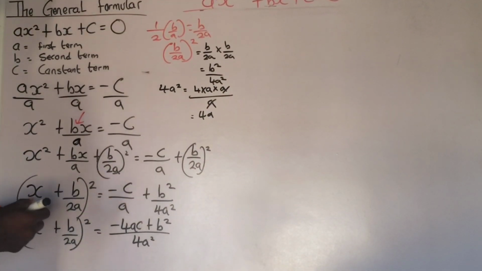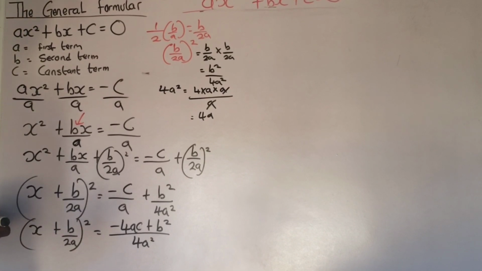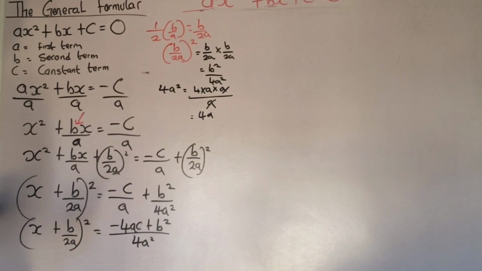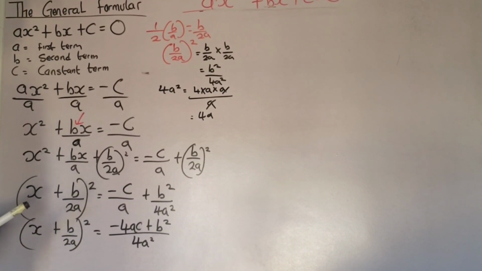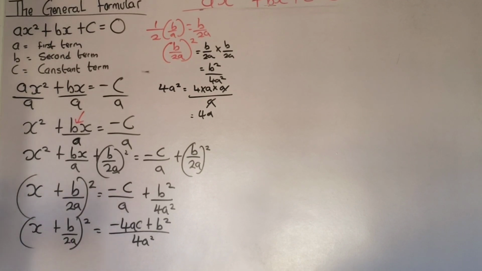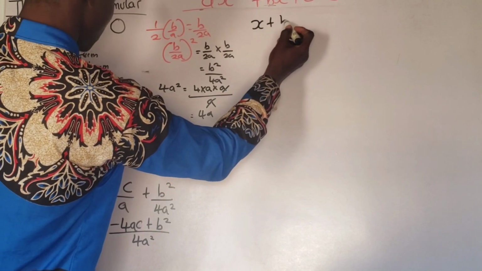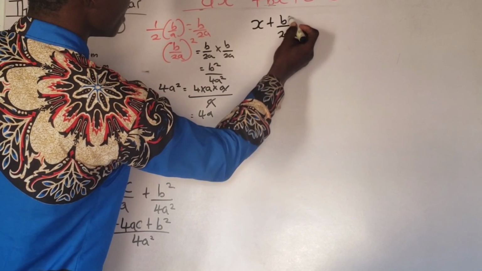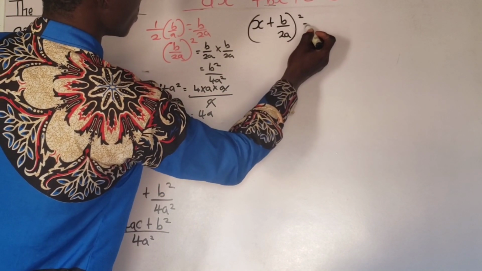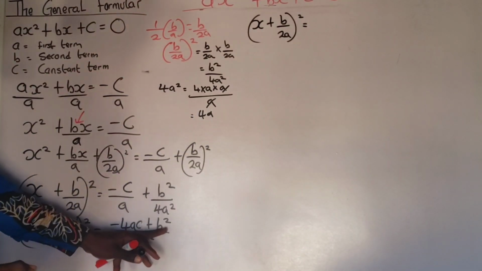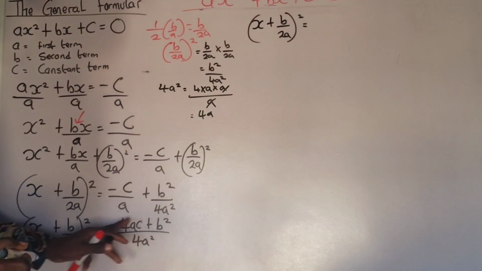Now, I can take the square root of both sides. For this, I'm going to have (x plus b over 2a) squared equals to, now please, I can rewrite the numerator as b squared minus 4ac.